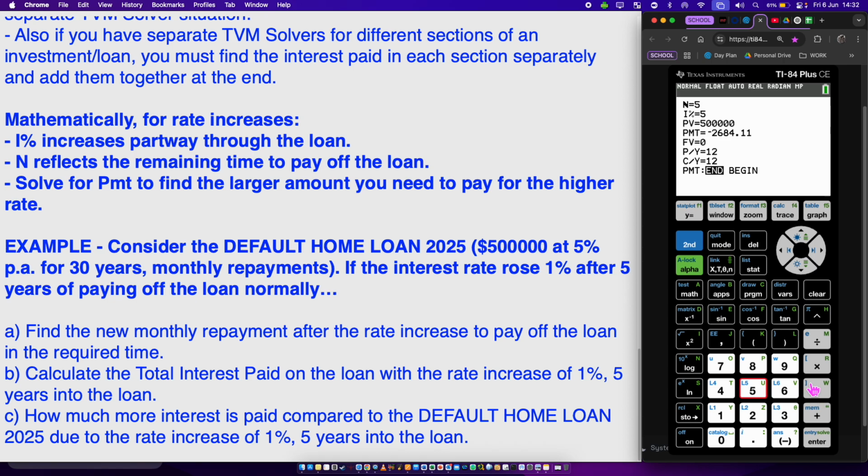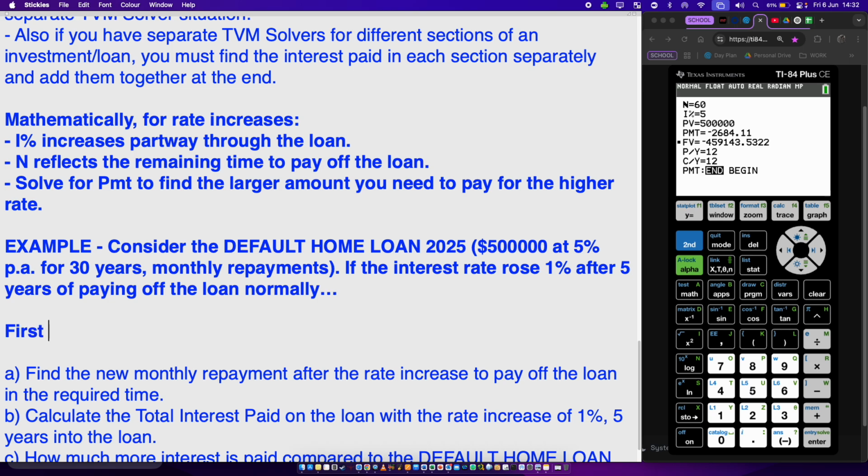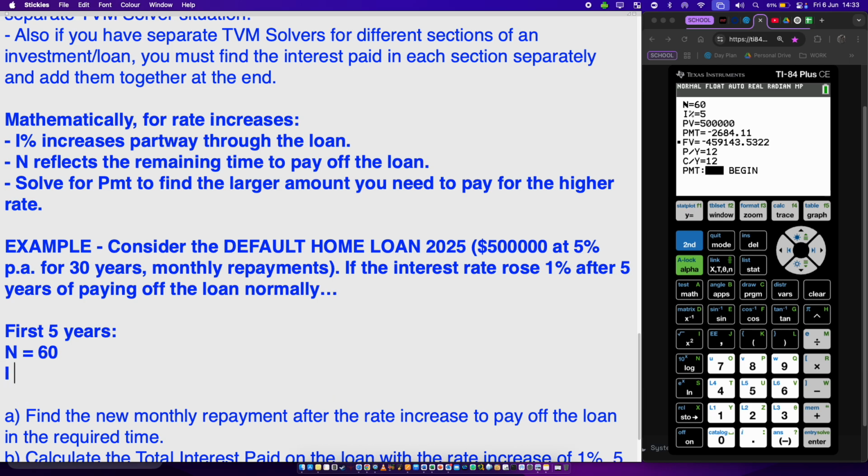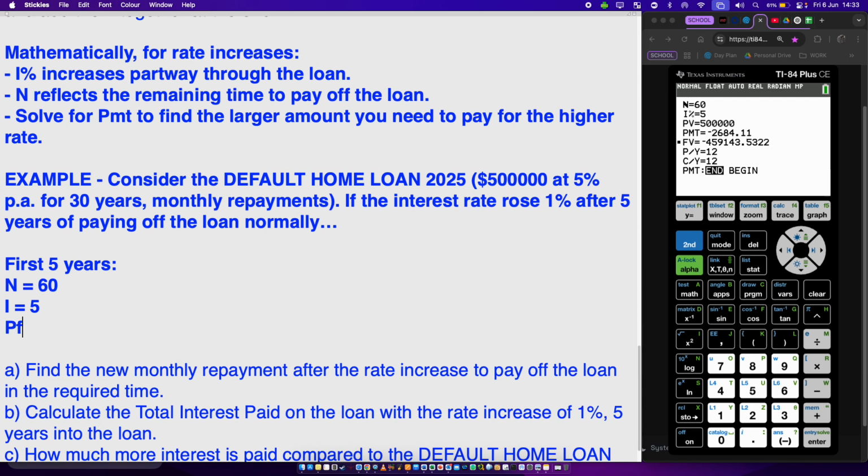So 5 years times 12, 60 months. If I've only been paying 60 months, am I now going to owe the bank nothing? No, I've only been paying them for 5 years. So if I solve for FV, that tells me at 5 years in, I still owe the bank 459 grand, 143,053. So that's the first section of your working out. So the first 5 years is going to be N is 60, I is 5, PV: I started off having 500 grand debt.